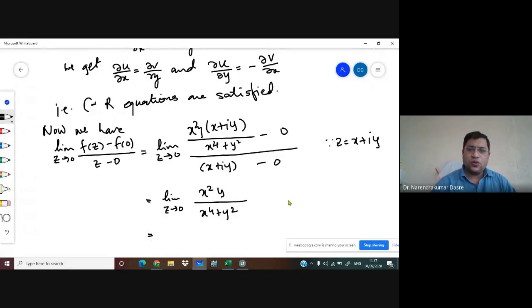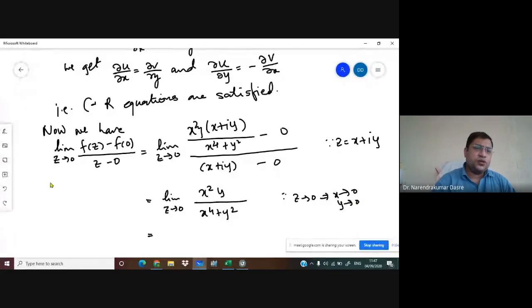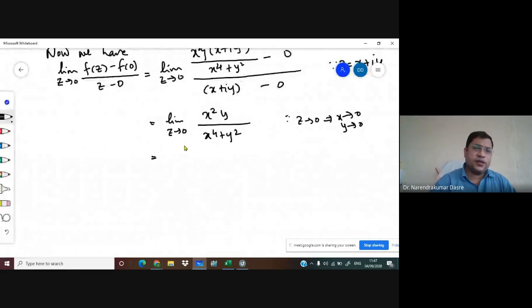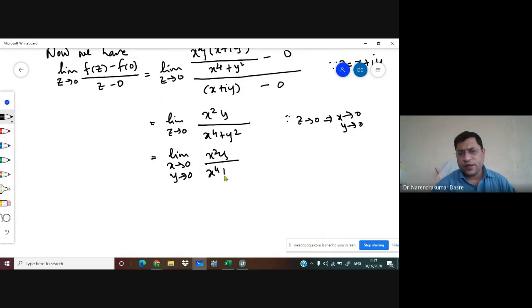Okay, so what we know is since z tends to 0, this implies x tends to 0 and y tends to 0. So we are able to write this limit as limit x tends to 0, y tends to 0, x square y upon x raised to 4 plus y square.